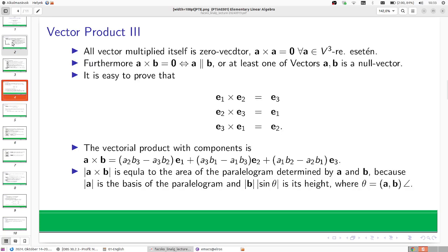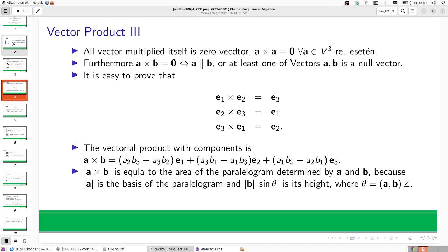If you go through the coordinate system, you will find this one. The cross product of the second unit vector and the third unit vector, the coordinate vector actually, gives the first, and the third and the first cross product gives the second.